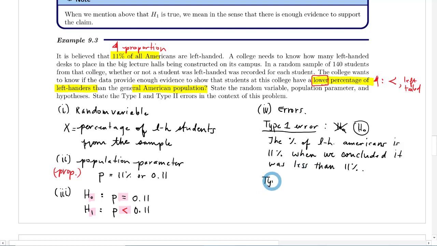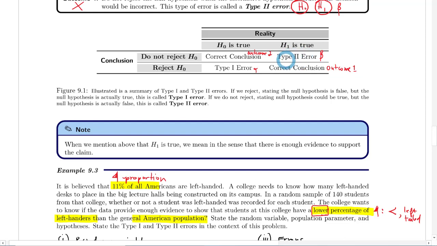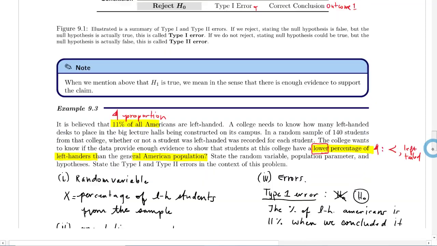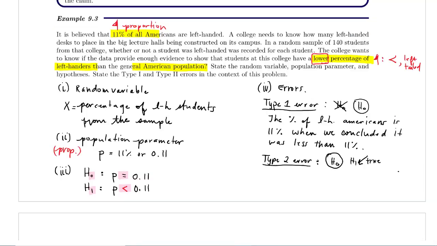So if we looked at a type 2 error, let's go up there and identify from the table. A type 2 error says that we do not reject the null when the alternative is true. So here, we do not reject the null when the alternative is true.